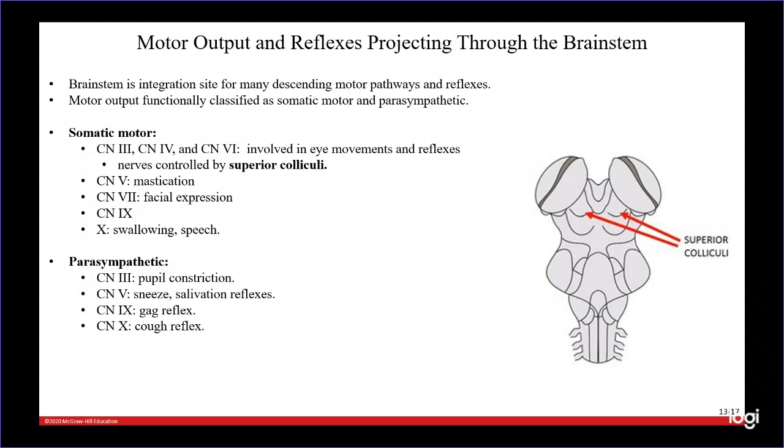Parasympathetic, you need to know pupil constriction, sneeze, salivation, gagging, coughing. Those are all part of your autonomic nervous system, correct? So make sure that you know those. I don't need you to know that cranial nerve 3 is what's responsible for pupil constriction. Just make sure you know what each region does.